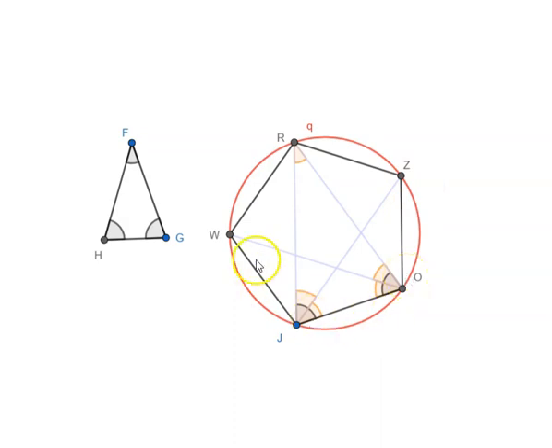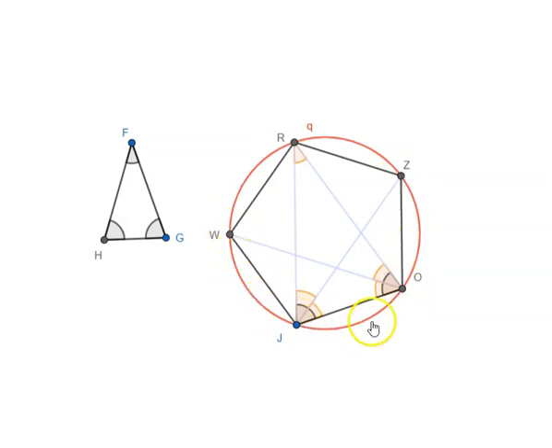They are equal. So we add this circular segment WJO to these two segments. Then what do we get? We get RWJO is equal to ZOJW.